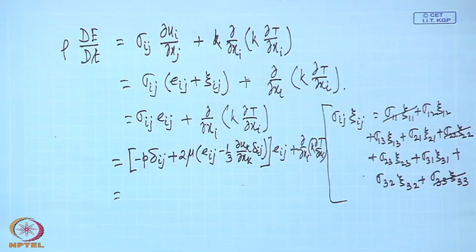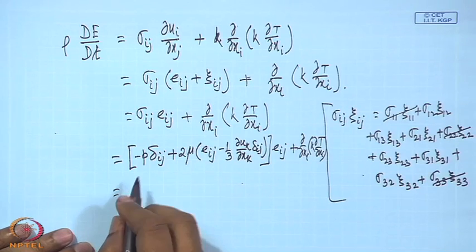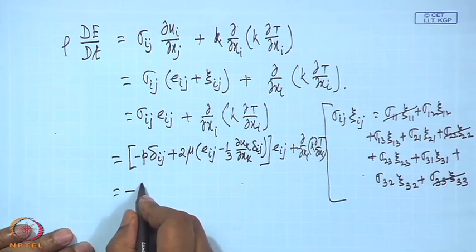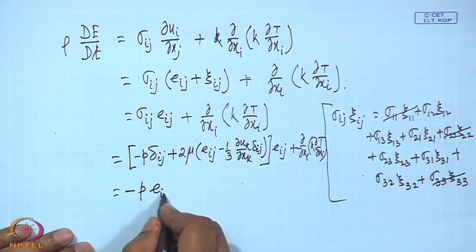You know delta ij is 1 only when i equal to j, otherwise it is 0. So it will become simply E ii. So the first term is minus p E ii.